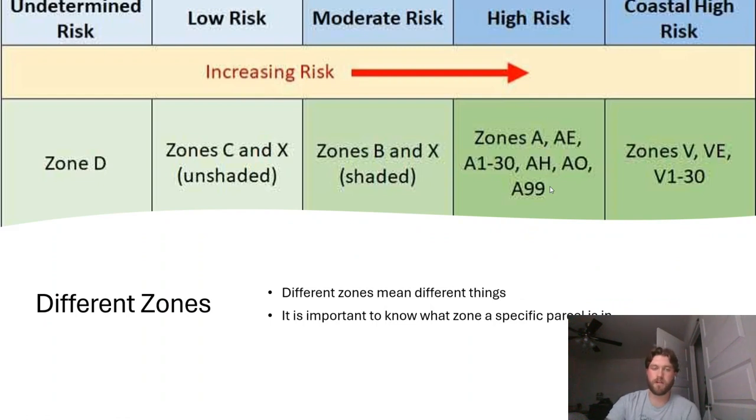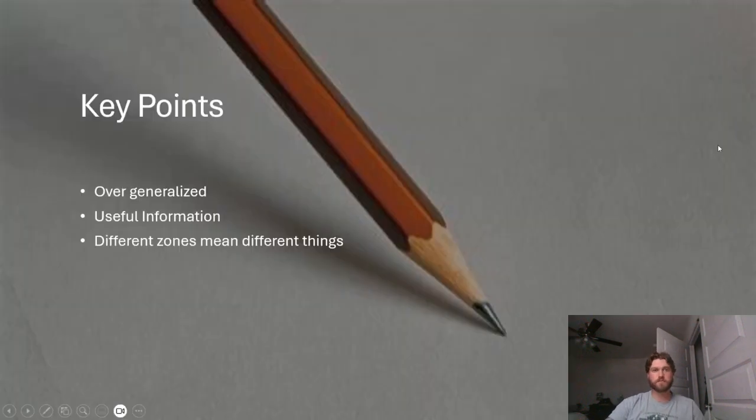A low risk would be zone C and X. Moderate risk zones B and X, and then high risk zones A, AE, A1 through 30, AH, AO, and A99. And then you've also got a coastal high risk. So it is extremely important to know where a parcel falls, and what these different zones actually mean in terms of the flood risk.